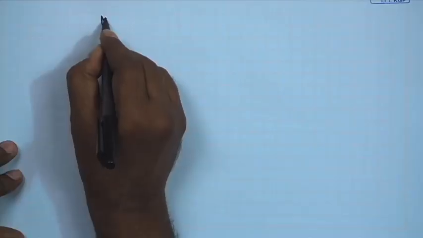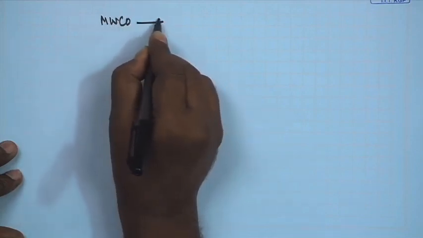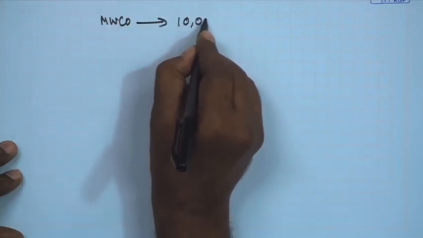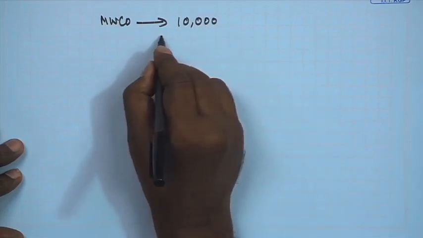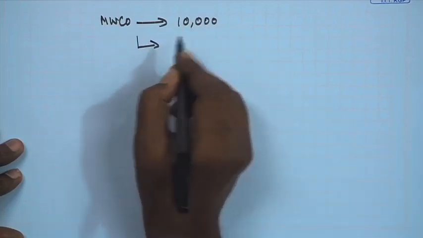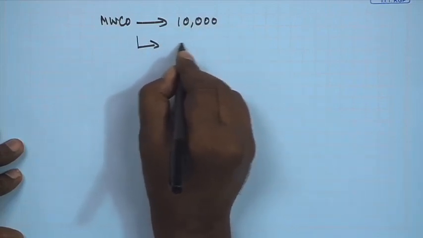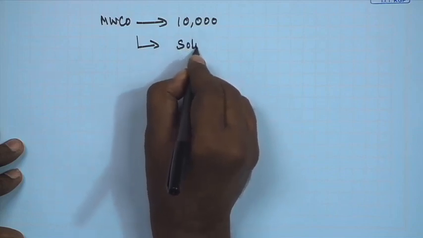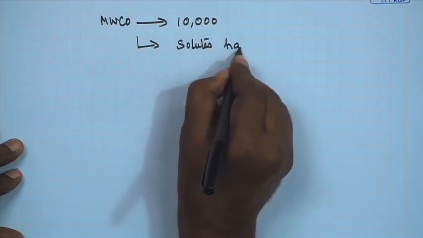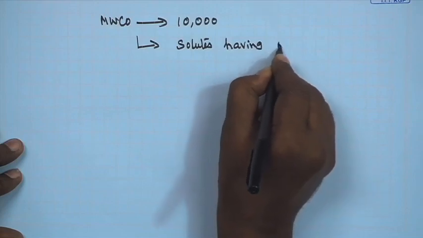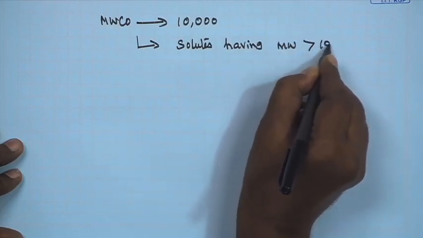So, if the molecular weight cutoff of the membrane is 10,000, that means this particular membrane will retain solutes having molecular weight beyond 10,000.